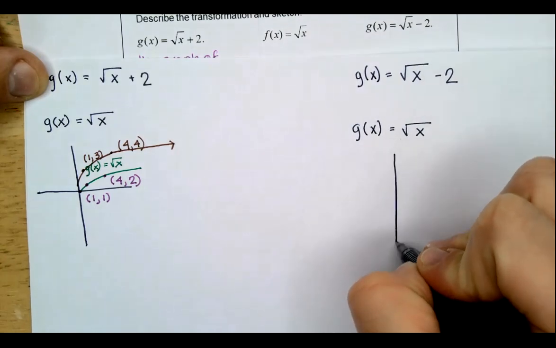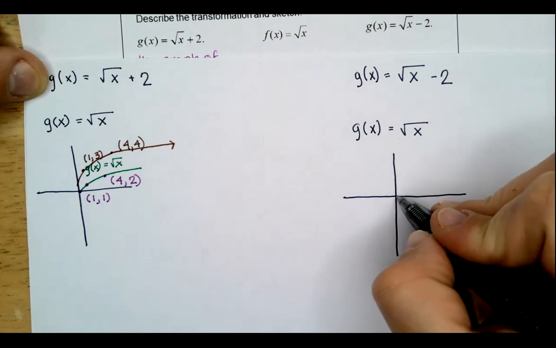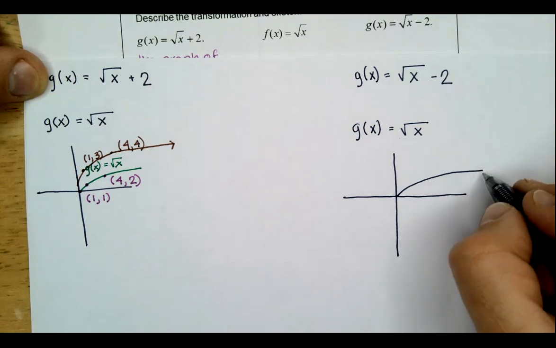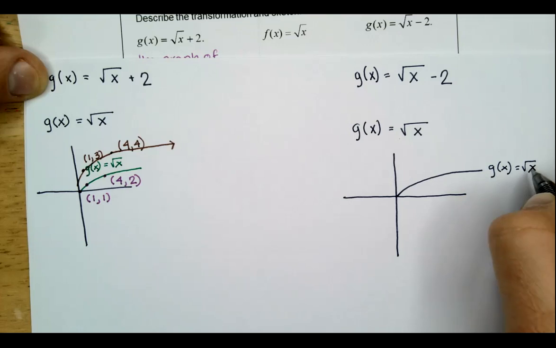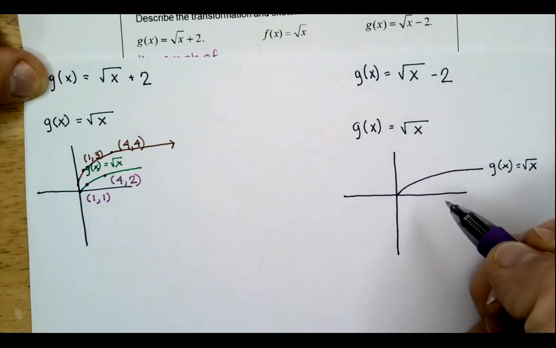It is going to look like this. I guess I don't need 4 quadrants, right? I just need 1. Well, I need 2 this time. So we have that guy. That's our original g of x. Parent function is the square root of x. And then we're going to say minus 2, so we're shifting it down.